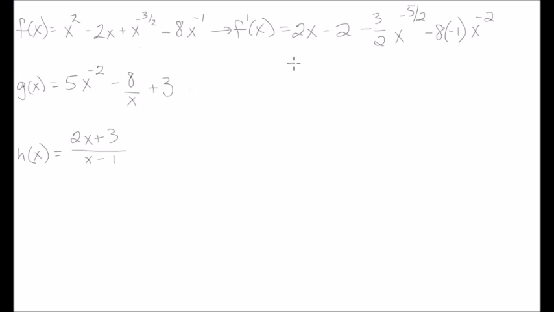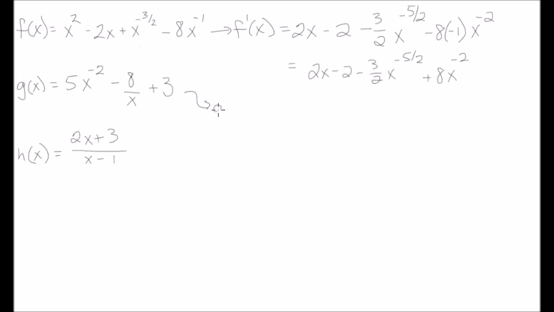If you want to, you can simplify that a little bit more. You get 2x minus 2 minus 3 halves x to the negative 5 halves plus 8x to the negative 2. You could move these items with negative exponents into the denominators if you wanted to.